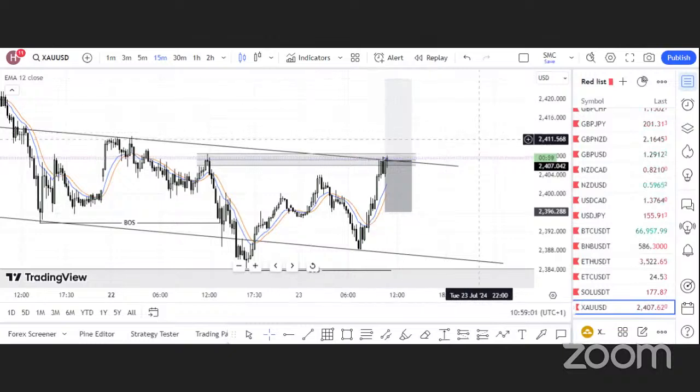All right. So less than a minute to the end of the candle. So if this goes well, I think I can give the signal.